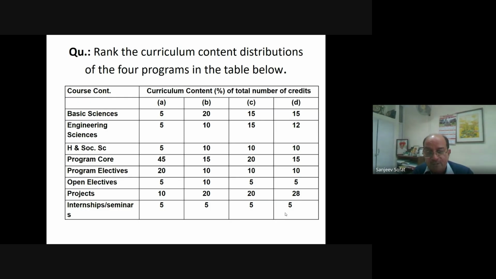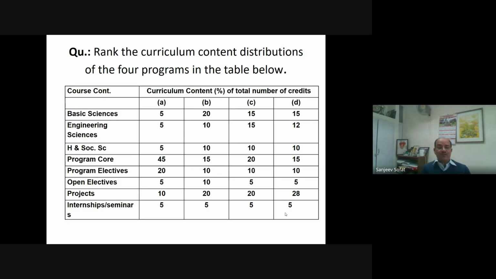Try to analyze it and let me know which in your opinion is a balanced curriculum. I'll give you 1 or 2 minutes. Then you have to answer A, B, C, D and give one reason why you feel it's a balanced curriculum. I hope you understood the question.